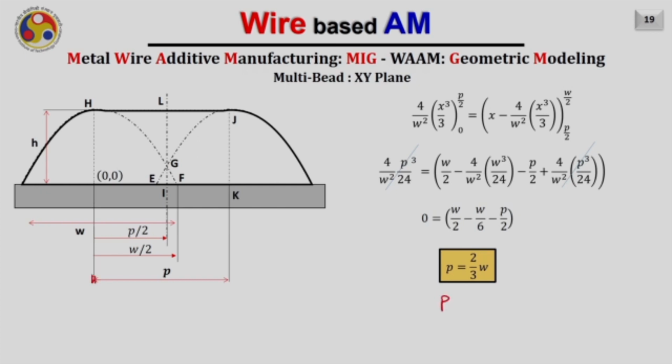that is nothing but the pitch, or the distance between two subsequent beads, also called the step over, equals 2 by 3 times the width of the bead. Width of the bead is nothing but from here to here, that is w. So this is the optimal value.